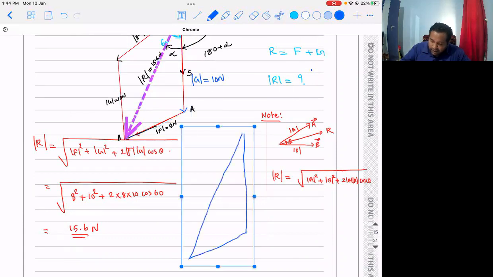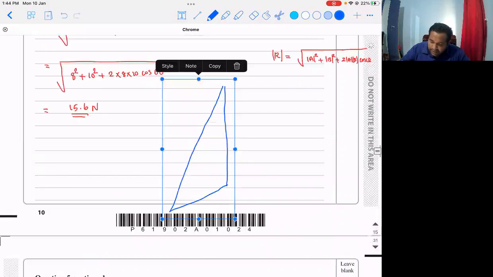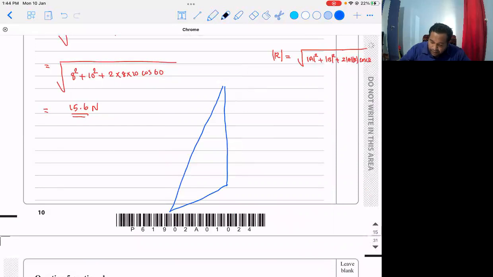So this is our triangle, such that this is 15.6, this is 8, and this is 10. And we are in a position to find this alpha. Are you able to use any formula that we learned in your lower classes, or that you learned in P1 as well? Cosine rule.